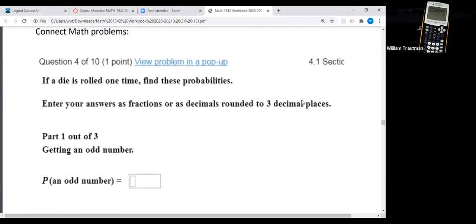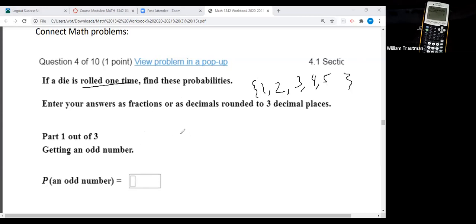All right, so now we have some more questions to go over. These are like homework problems. If you notice here, it says if a dice is rolled 1 time, find the probabilities of getting an odd number. So if a dice is rolled, remember the outcomes for a dice are 1, 2, 3, 4, 5, 6.